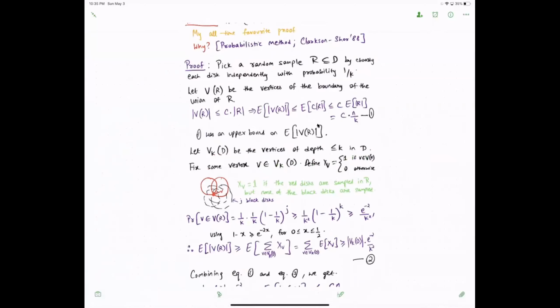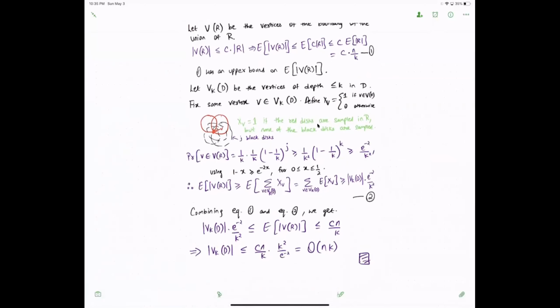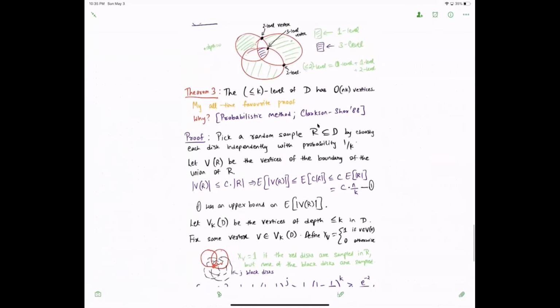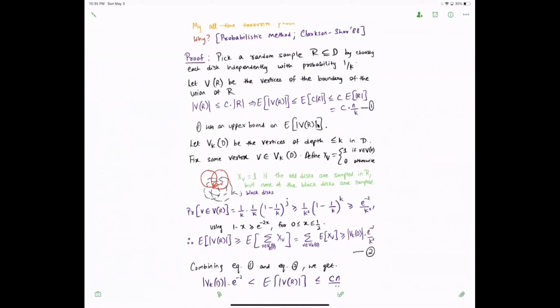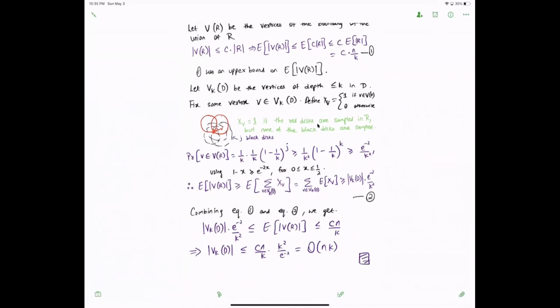So I don't know if you can appreciate this proof. Maybe you'll appreciate it a lot if we had done it through a very tedious technique which didn't involve probabilities. But even now, I think if you spend some time and imbibe what really went on here, then maybe you can appreciate this.